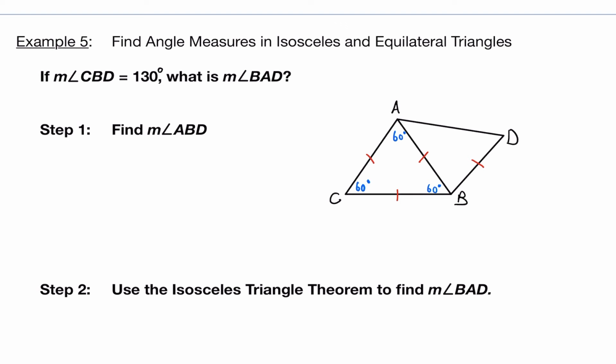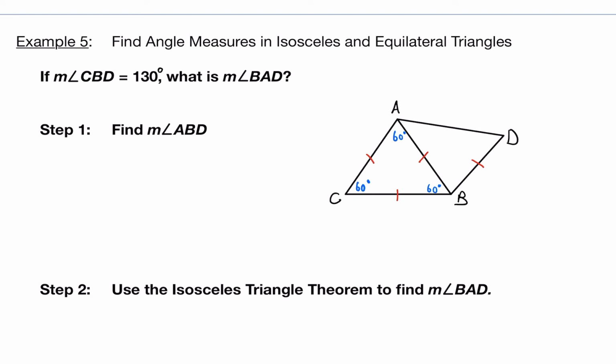So to find the measure of angle ABD, we know that the measure of angle CBD is 130.